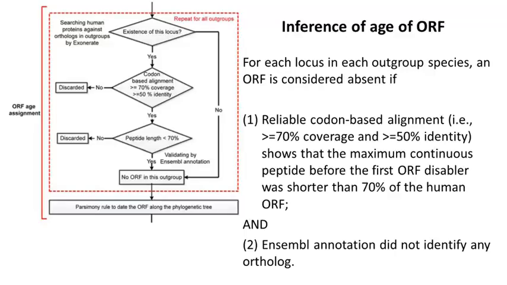First, reliable codon-based alignment, that is, alignment with greater than or equal to 70% coverage and greater than or equal to 50% identity, shows that the maximum continuous peptide before the first open reading frame disabler was shorter than 70% of the human ORF. Second, Ensembl annotation did not identify any ortholog.